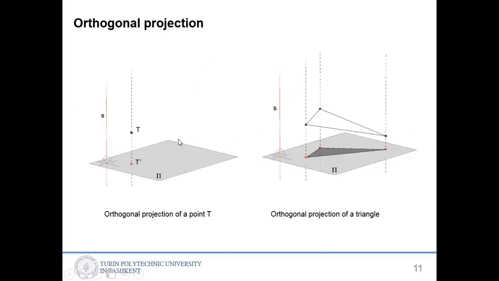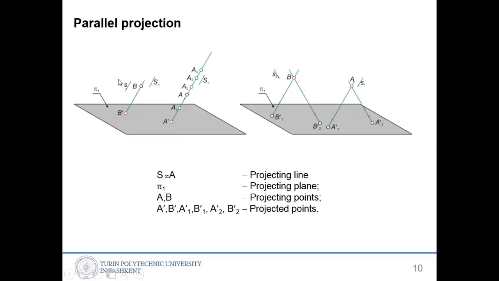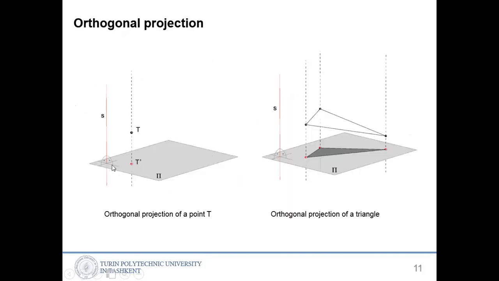So this is an orthogonal projection. If the rays S, S1, S2 are perpendicular to the plane P, orthogonal meaning perpendicular, that will be an orthogonal projection. We are looking from the front of the object, the front face of the object.